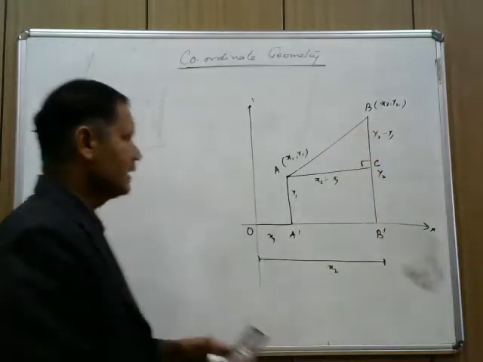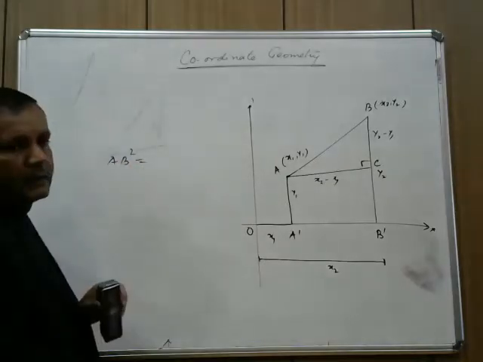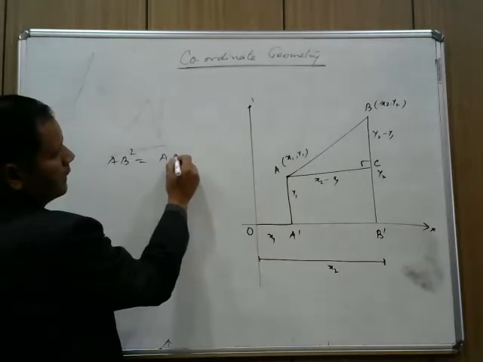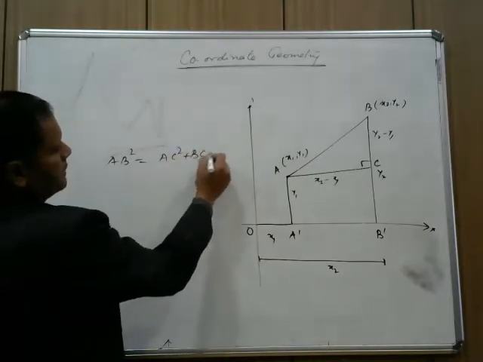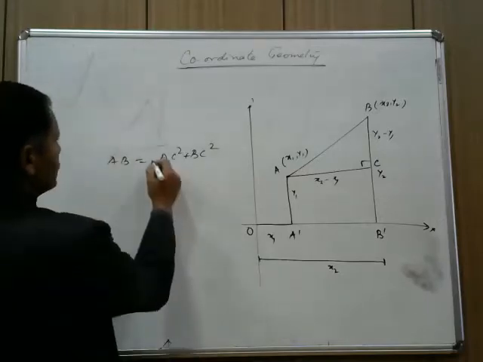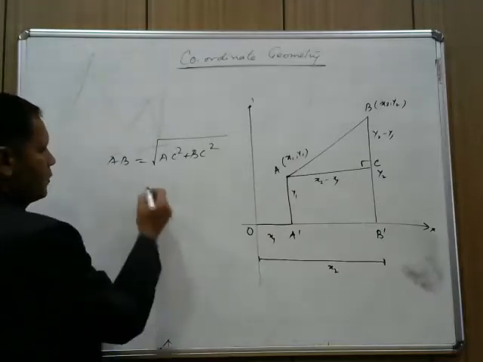That's why can I write AB square is equal to AC square plus BC square? Or in the second line, AB is equal to under root AC square plus BC square. Now put the value.